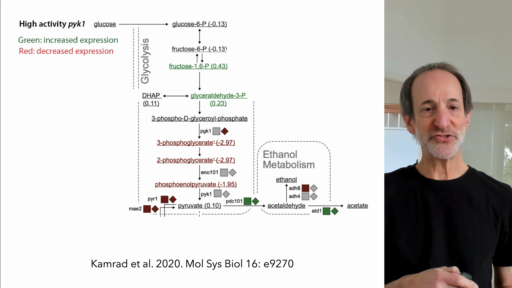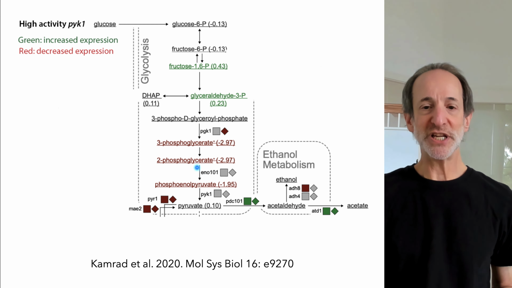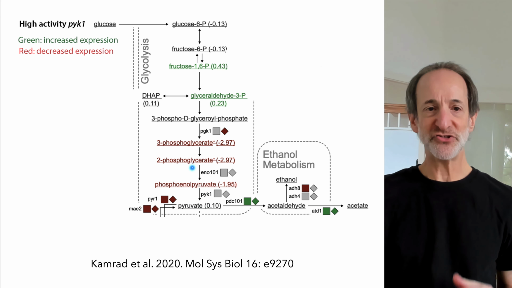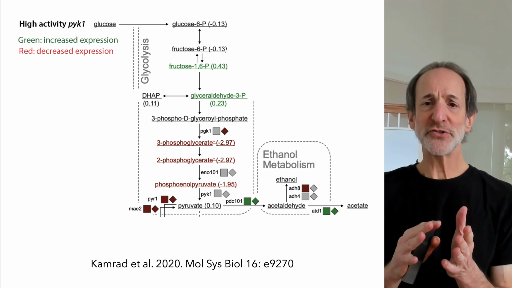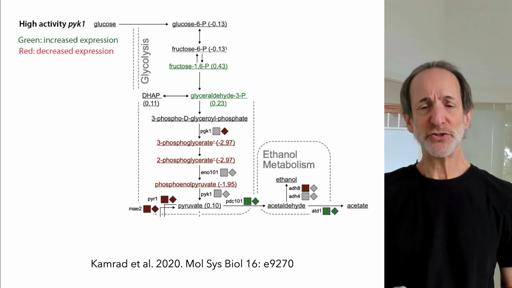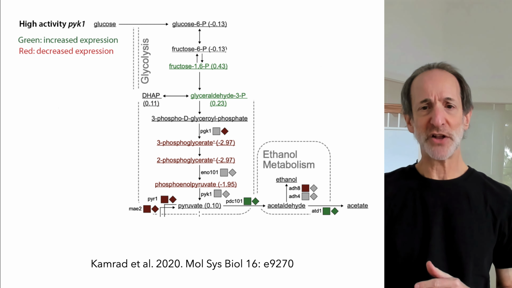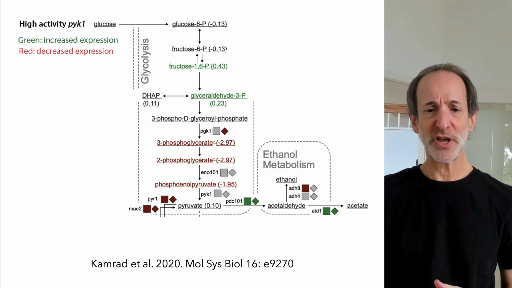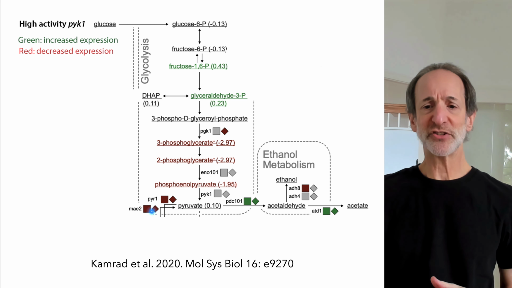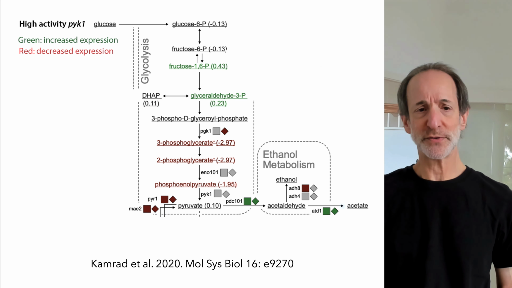And red represents decreased expression or decreased concentration. And so you can see that this polymorphism had a wide effect on tuning biochemistry in terms of the concentrations of different intermediates and the concentrations and expression levels of different enzymes.